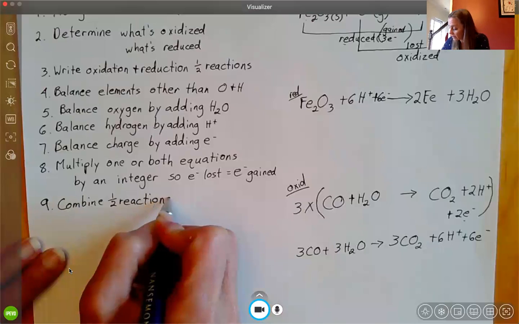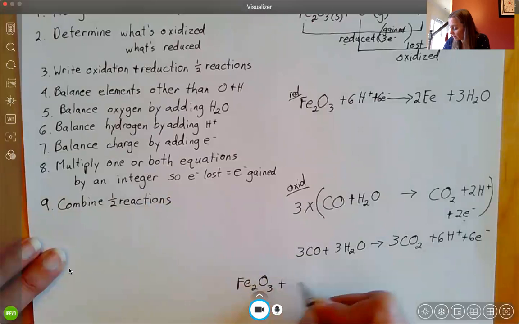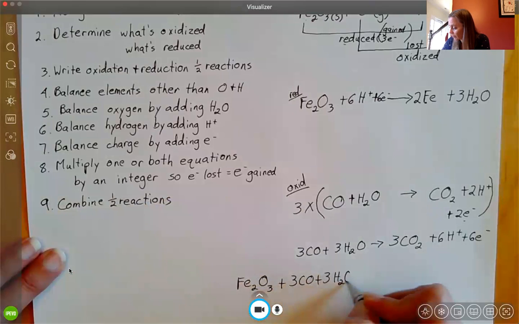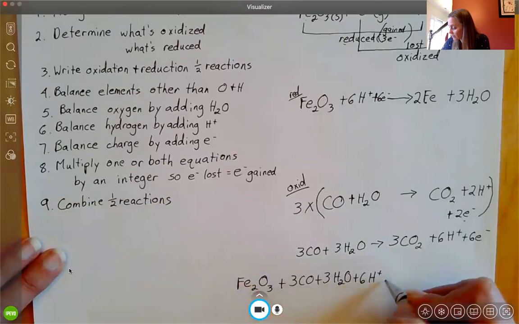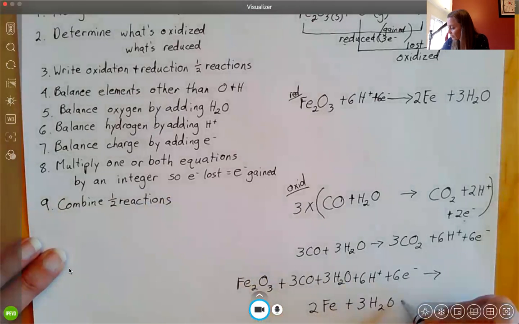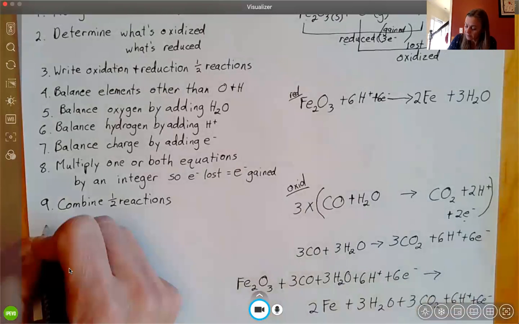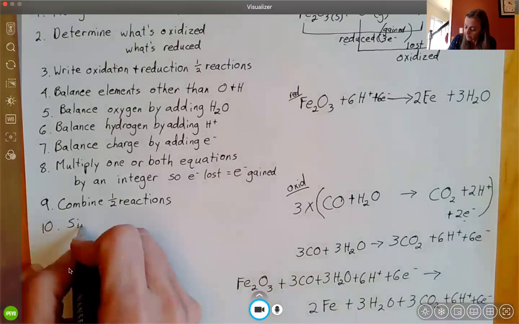And that's going to give us iron 3 oxide plus 3 carbon monoxide plus 3 water plus 6 hydrogen plus 6 electrons yields 2 iron plus 3 water plus 3 carbon dioxide plus 6 hydrogens plus 6 electrons. And step 10 is to simplify.